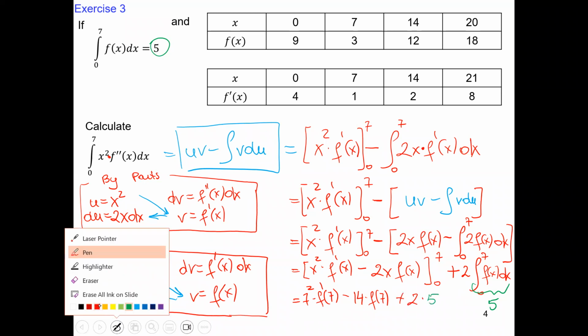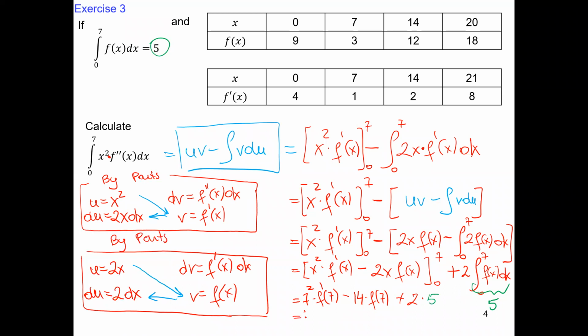Let's see. This is, of course, 49, but f prime at 7, when x is 7, is 1. Oh, luckily a nice number, not so high. And f at 7 is 3. And plus 10.